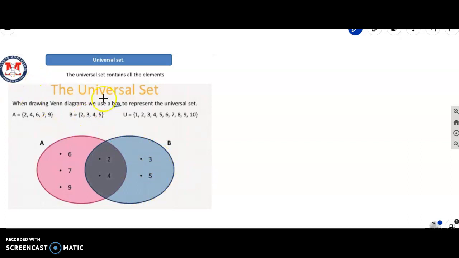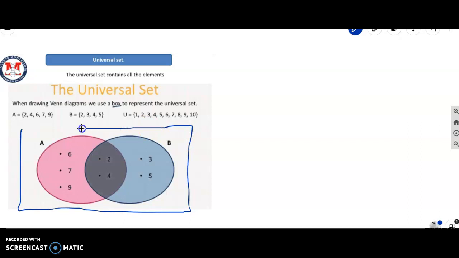Okay, so we use the box to represent the universal set. For example, if we draw a big box, this box will be called the universal set. But what happens now? We have 2, 4.